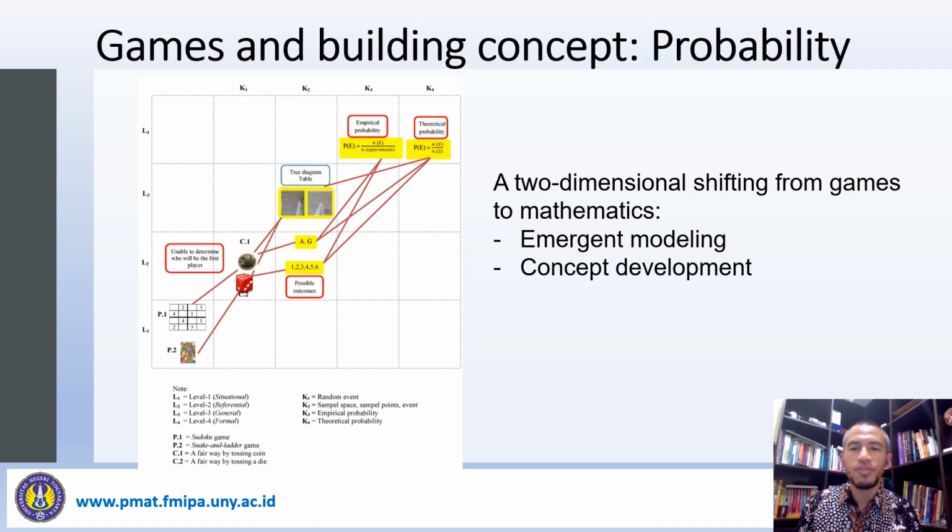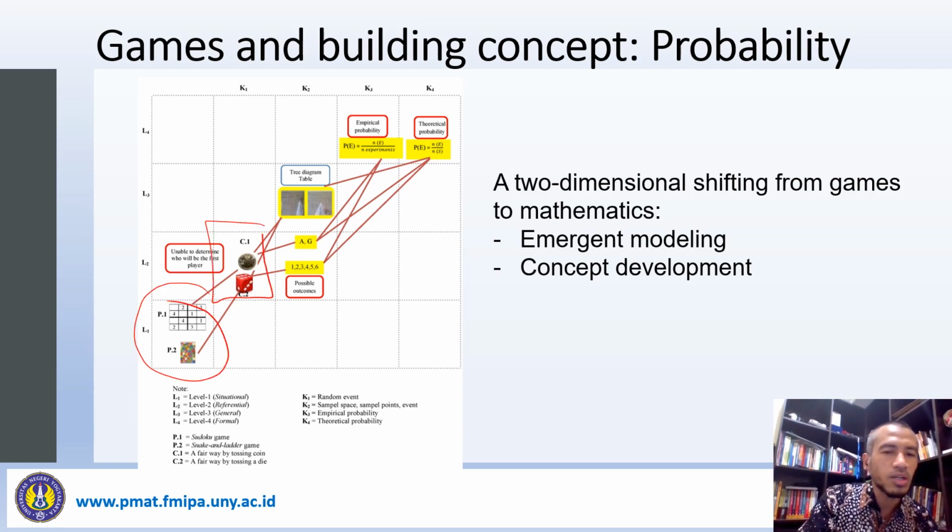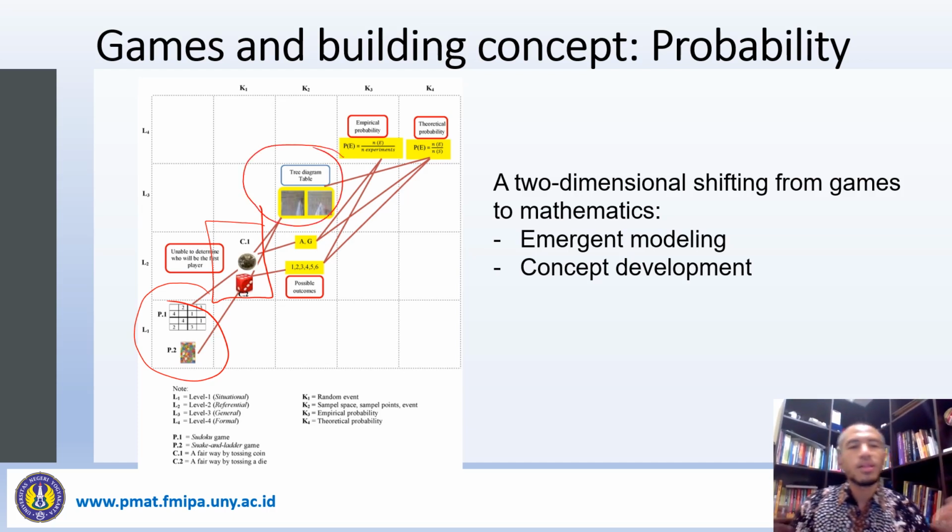First, in terms of modeling, that is, from the game as the situational level to discussing only the tool as the referential level, to making a table as the general level, and lastly the concept of probability, both empirical and theoretical probability, as the formal level. So, emergent modeling. The second one is the concept development.